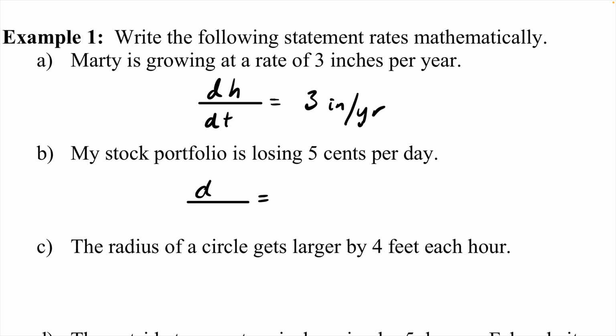It's more specific. 5 cents per day. No, but what is the quantity? That's the specific. What is the quantity? Money, right? Portfolio, whatever you want to call it. You can say D money sign over DT. You can say DP over DT because for portfolio, portfolio is money. What you have in your portfolio is how much money you have invested.